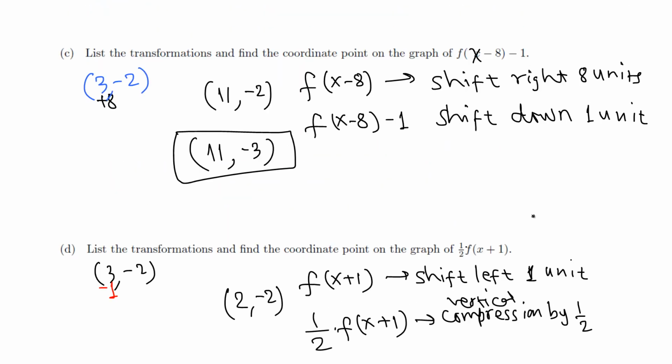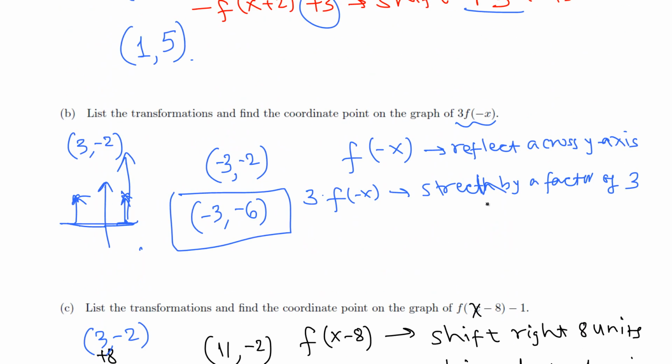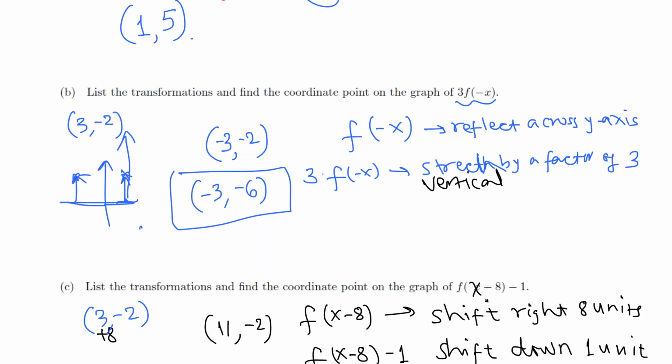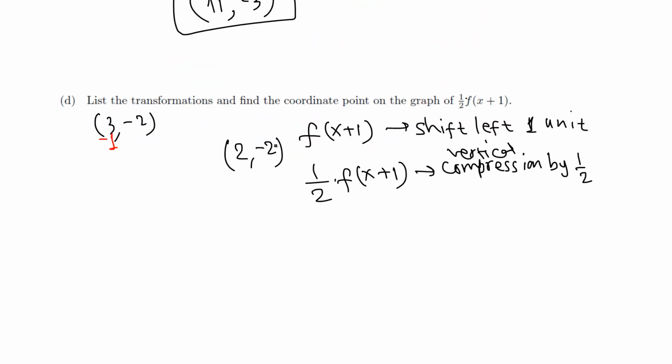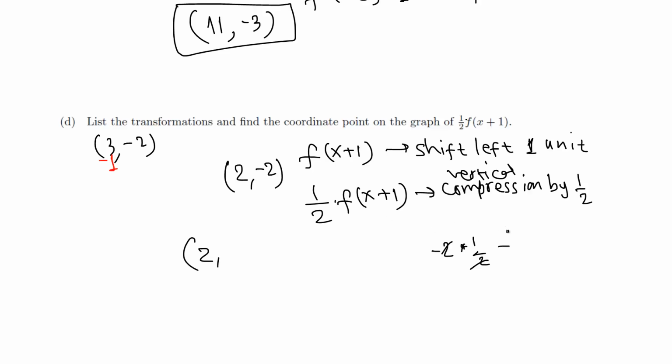Like before, there was a vertical stretch. Now the vertical compression by 1/2, so we multiply the y coordinate by 1/2. So -2 times 1/2 is -1. So (2, -1) is final.